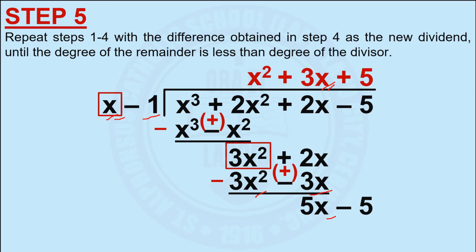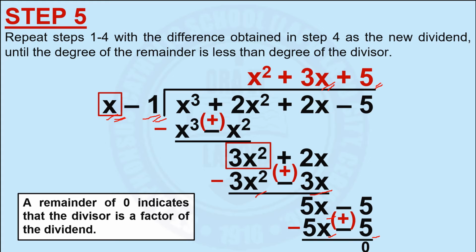Then multiply 5 to each term of x minus 1. So 5 times x is 5x. 5 times negative 1 is negative 5. Then change the signs. So minus, and this becomes plus. So that is equal to 0.